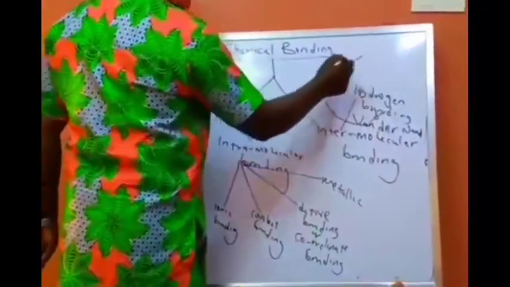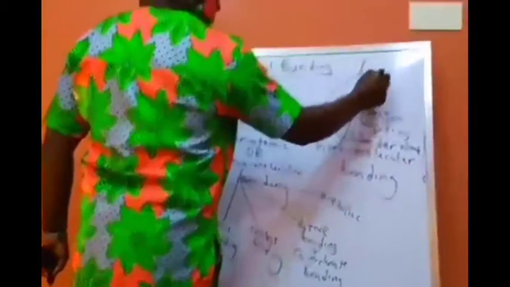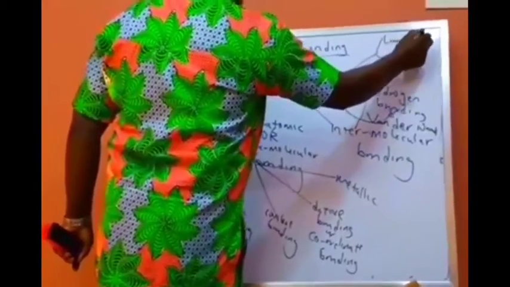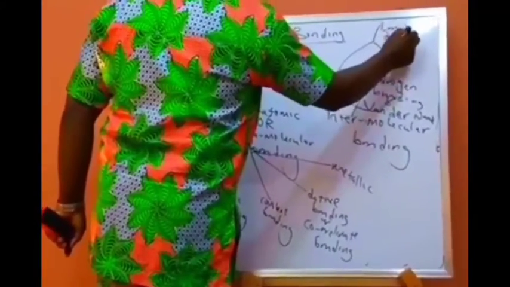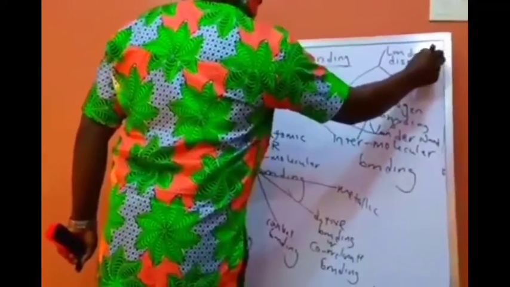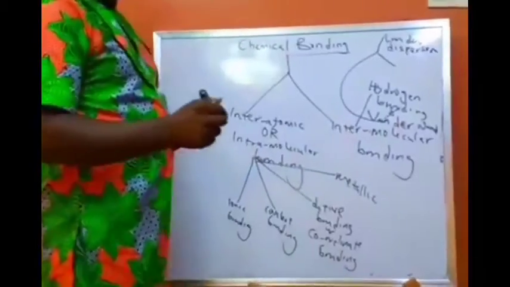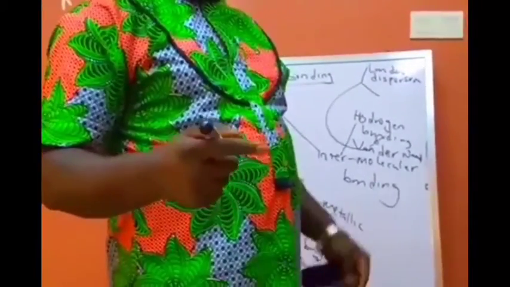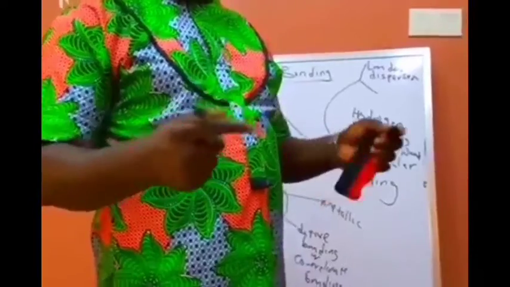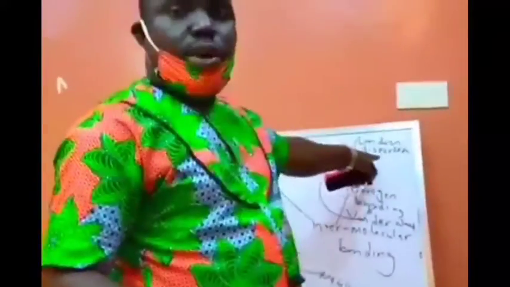Van der Waals forces is further divided into two. We have what we call the London dispersion. The London dispersion is also known as your temporary dipole. Temporary, example, ethane, C2H6, which you can divide into CH3. That's your classic example of London dispersion.